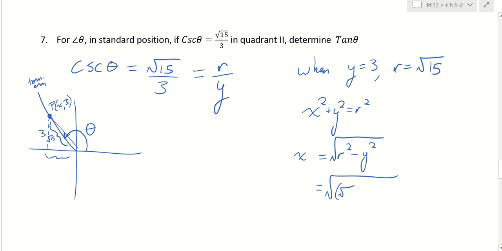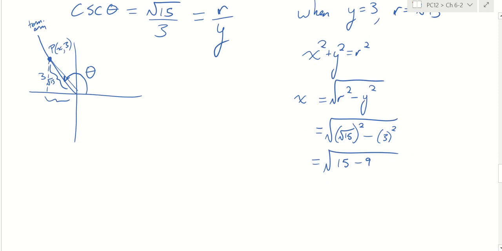So we're going to have root 15 squared. We don't need a calculator for that. It's just going to be 15. And then y is 3, so we're going to square that. So we really have the square root of 15 minus 9. What is 15 minus 9? It's 6.